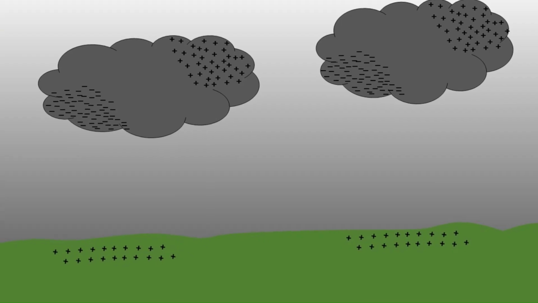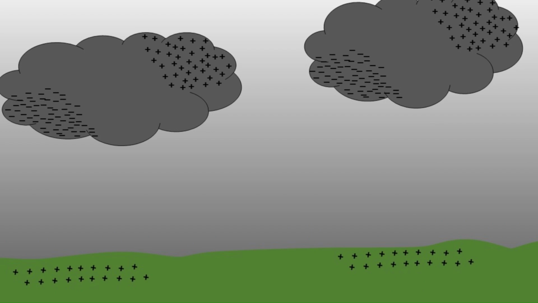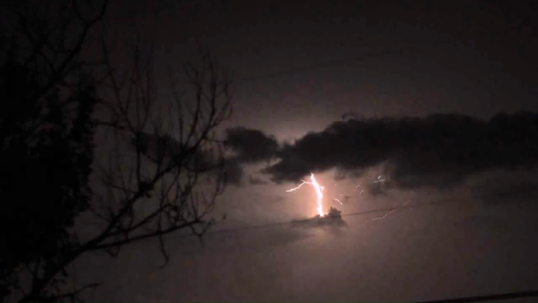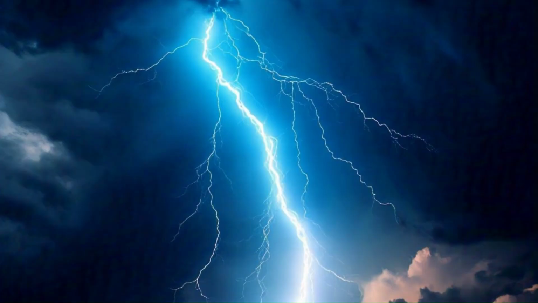This process leads to a massive buildup of positive and negative charges in different regions of the clouds. Massive buildup of charges creates an intense electric field which ionizes air, creating a path for charges to flow. A sudden discharge of this built-up charge produces a brilliant flash of light and sound we know as lightning.